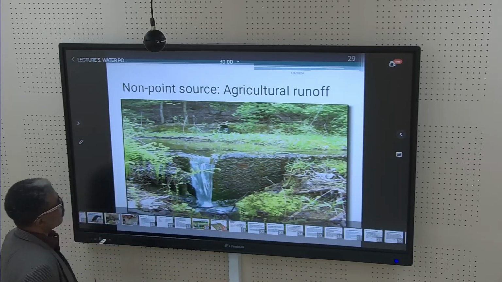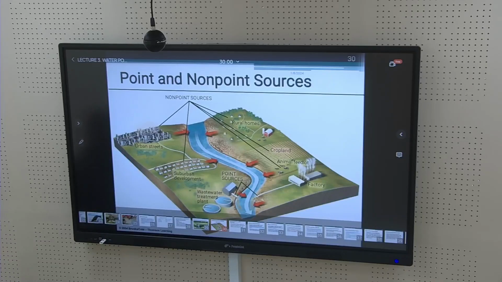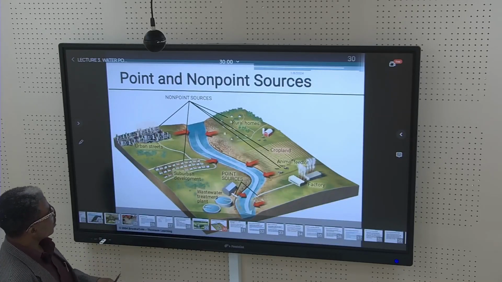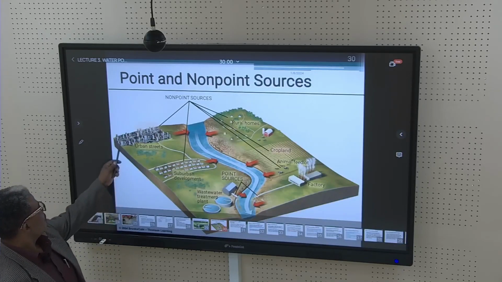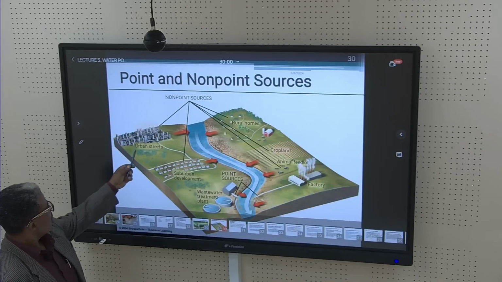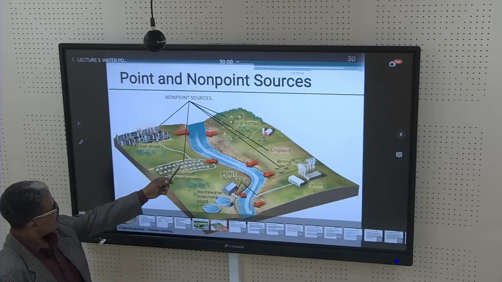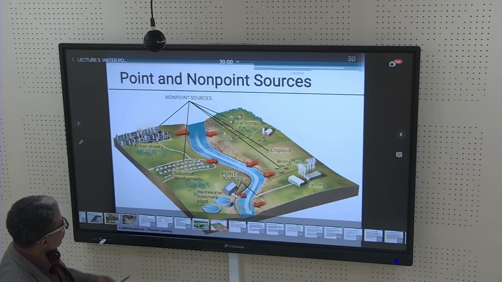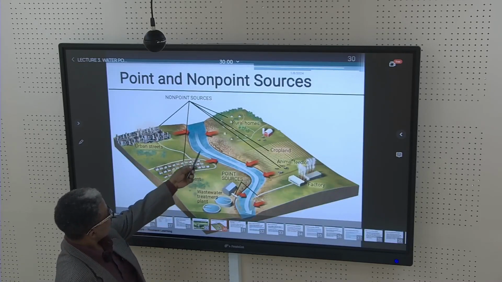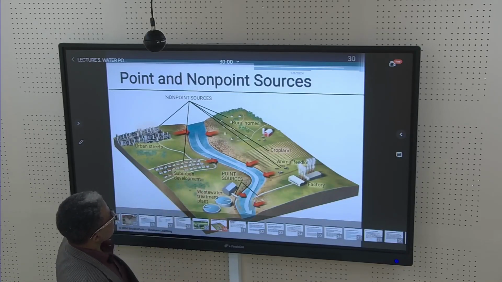See here, this is non-point source pollution from urban streets, where water is collected and comes to the suburbs, then also joins the river from rural homes.